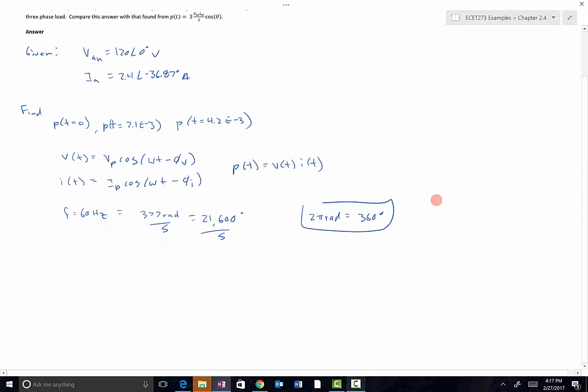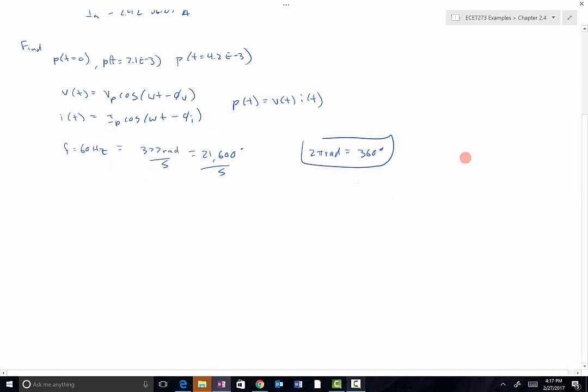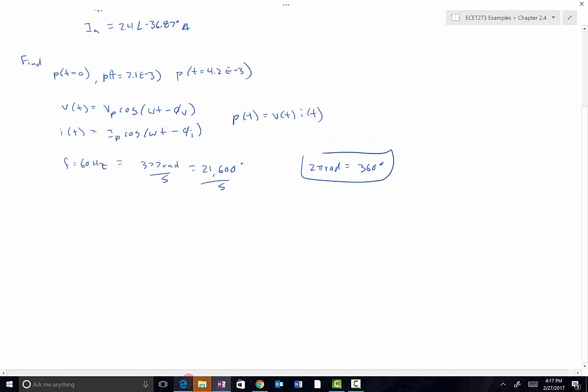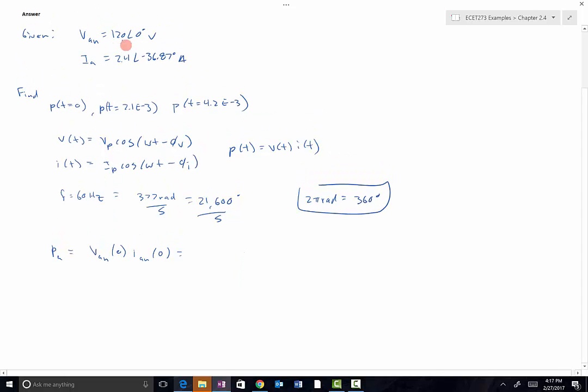So if we want to calculate the values here, we get for phase A, because remember there's 3 phases, we get VAN of 0 times IAN of t equals 0, and so that's going to be, remember these are in RMS, so that's root 2 times 120 to put that into peak terms, times the cosine of 21,600 degrees per second times t, which is 0, and then plus the phase shift, which is plus 0 degrees.